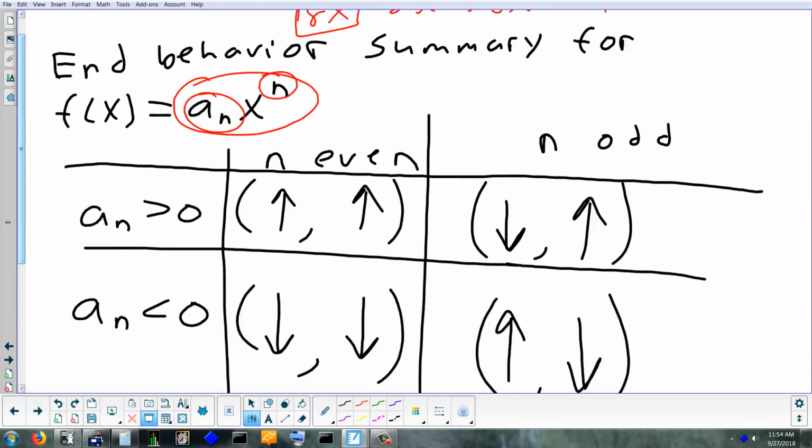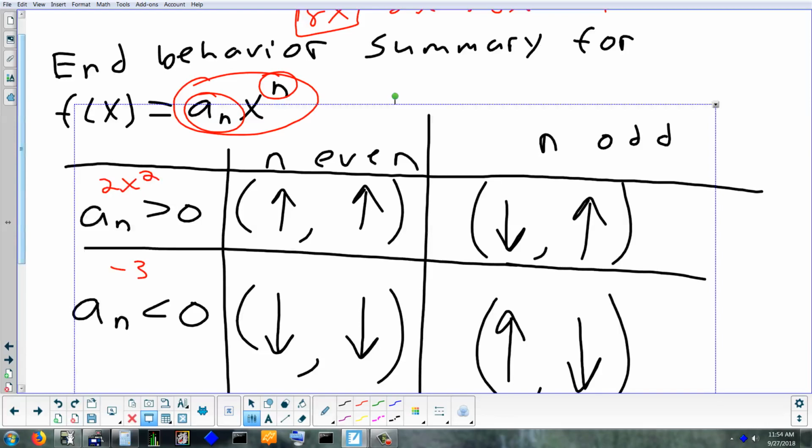If you have a positive coefficient and an even exponent, let's say something like 2x squared, the end behavior is up, up. If you had a negative coefficient and an even exponent, negative 3x squared would be down, down.